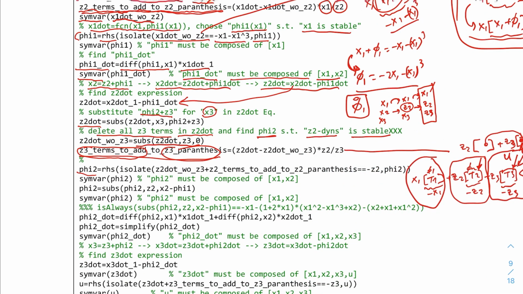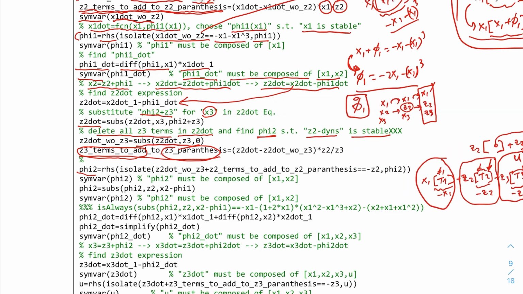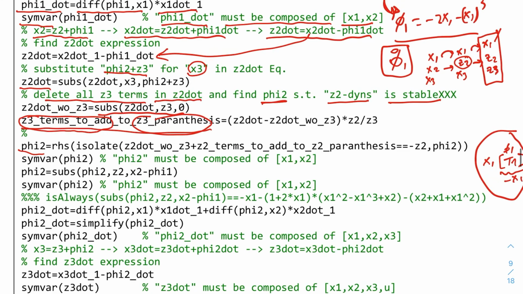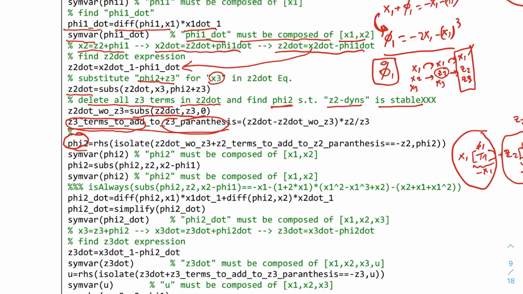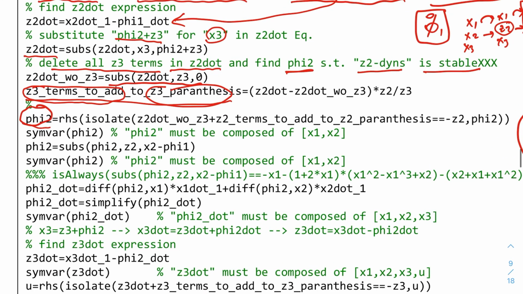Maybe I should make that something like that, because I didn't want to delete that. So we are trying to find phi 2. We are in this stage, and then we will find u.